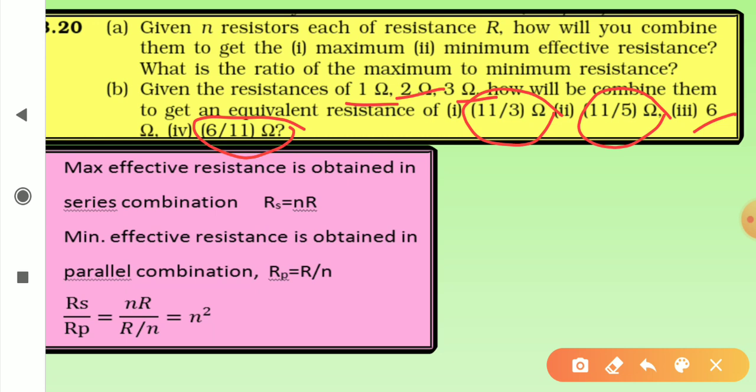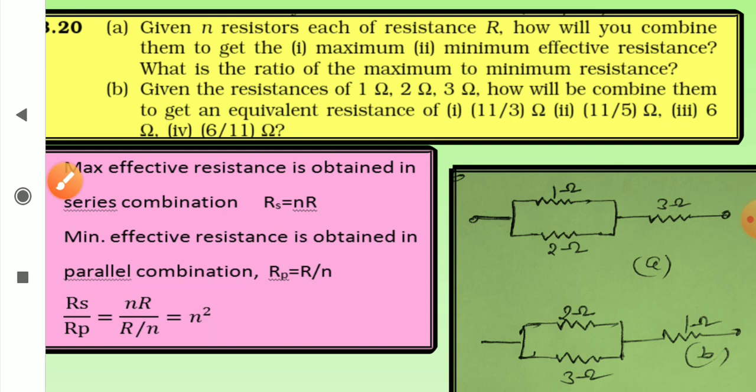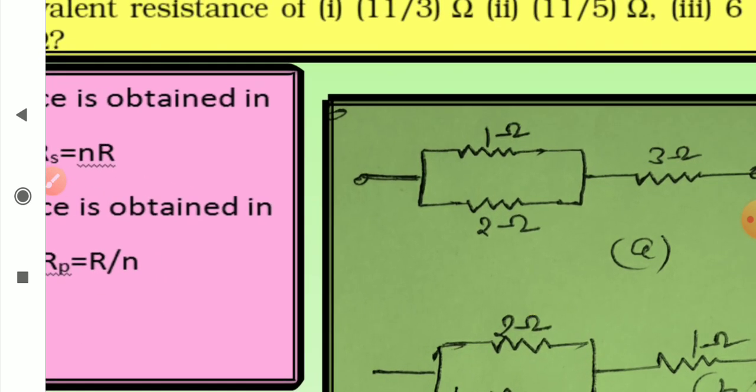Now you have three resistances and you have to make combinations to get these resistances. So first you have to understand how we will do this. So let me start with the first one. See, I have drawn this.